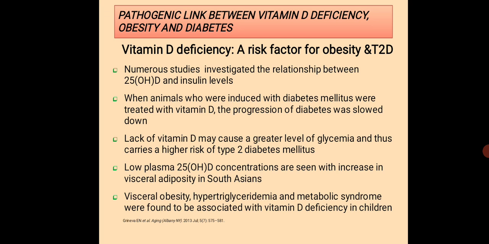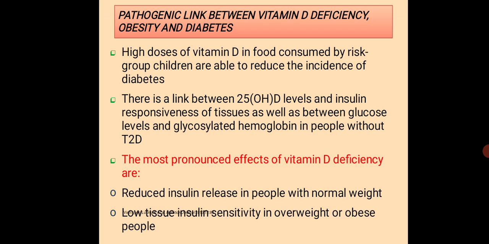Visceral obesity, hypertriglyceridemia, and metabolic syndrome were found to be associated with vitamin D deficiency in children too. High doses of vitamin D in food consumed by at-risk children are able to reduce the incidence of diabetes.